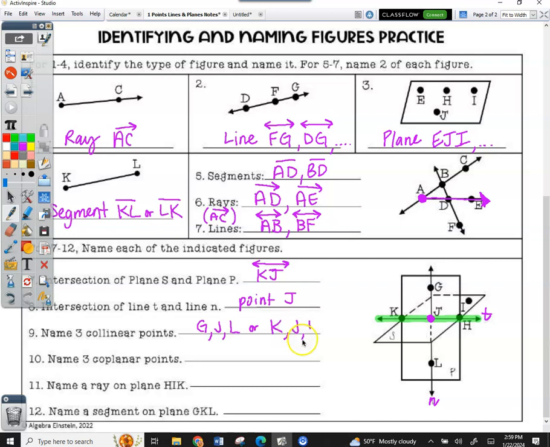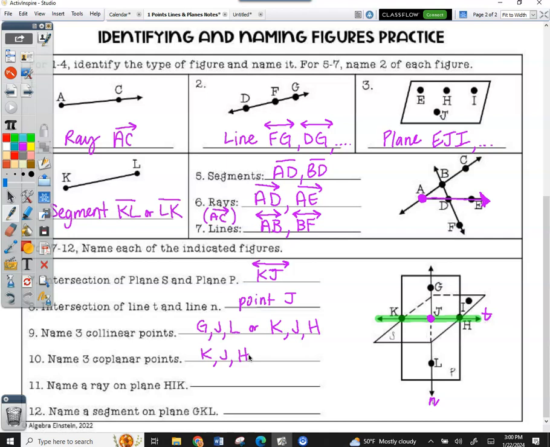K, J, H. Name 3 coplanar points. Could be K, J, H, which is in this line. Didn't we say that that was on this plane and this plane? Yeah. So yes, you could answer that with those same letters.